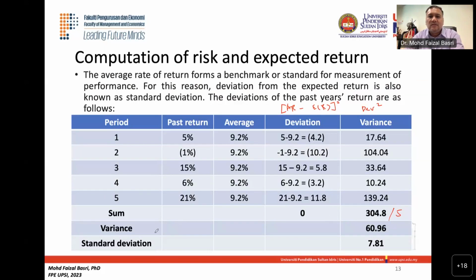All right, and in order to get the standard deviation, simply take the square root of 60.96. If you square root 60.96, then you get 7.81.